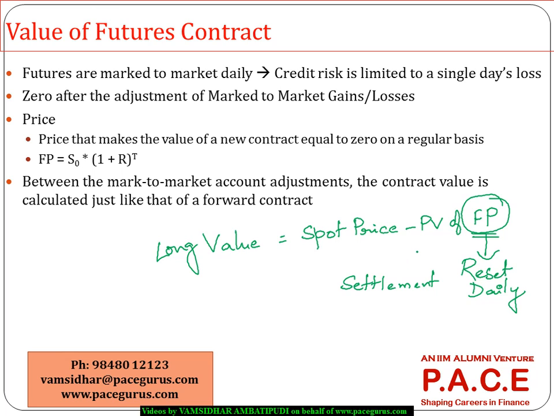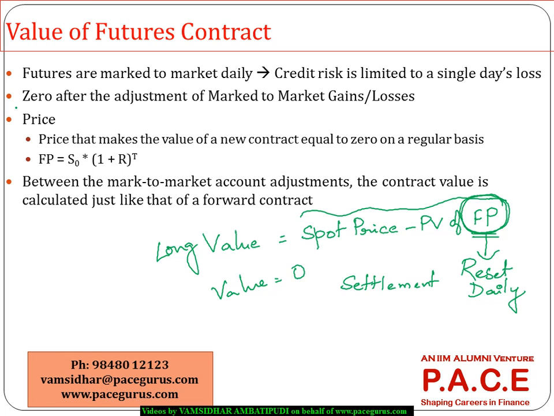What does that mean? This price keeps changing on a daily basis, and once there is an update, these two values become the same, which means the value will become zero immediately after the day-to-day settlement.